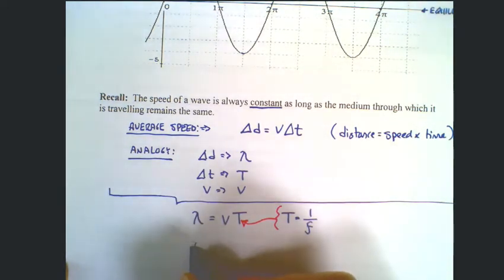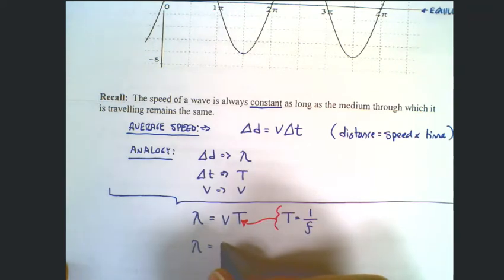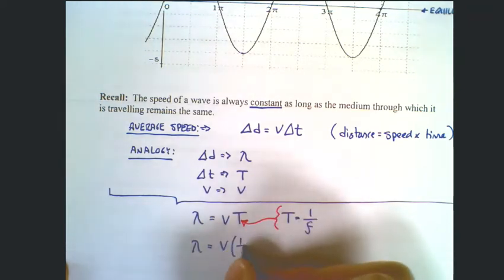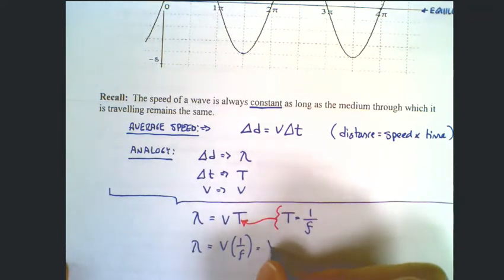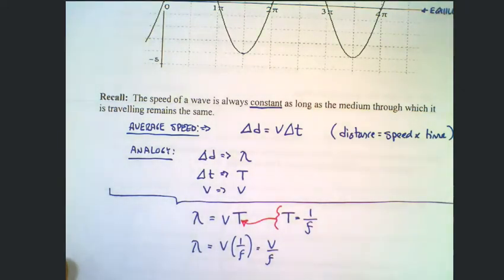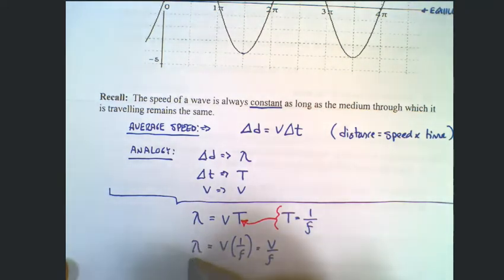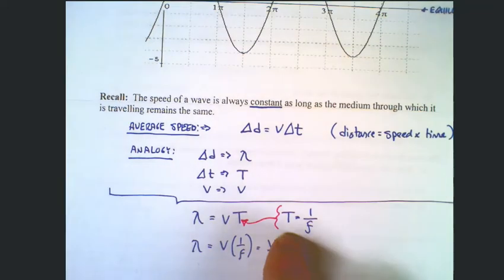So what I get is lambda equals v times 1 over f, which is just v over f. Alright, so I've got lambda equals v over f.